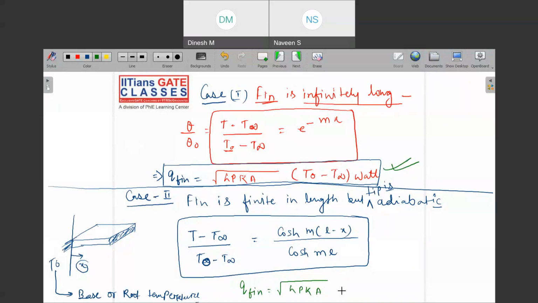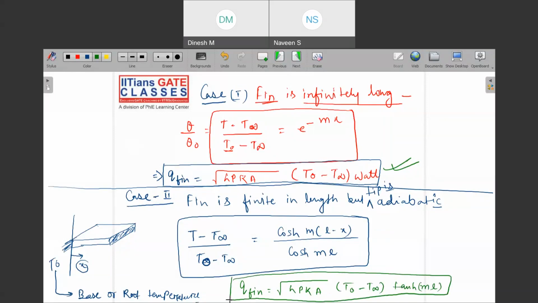The only thing varying here is that you will have tan hyperbolic ml multiplied into it. So the T naught minus T infinity part was already there, and then we have tan hyperbolic of m into L, the product of m into L. Okay, so this is the Q fin.